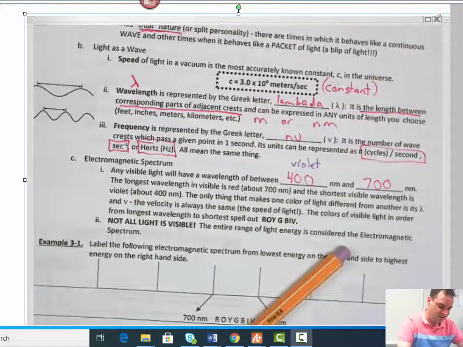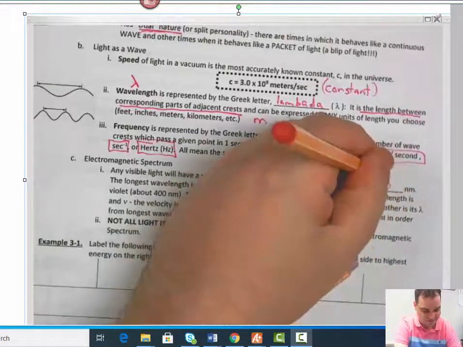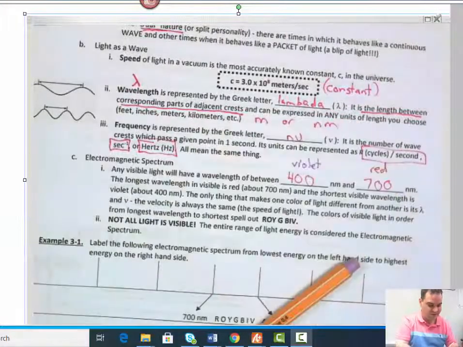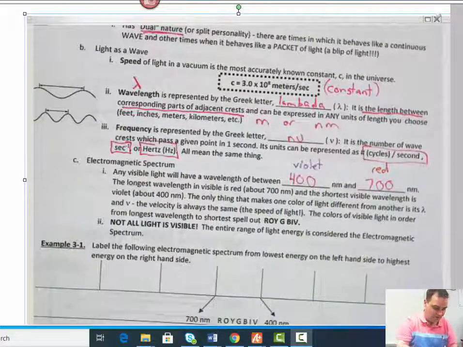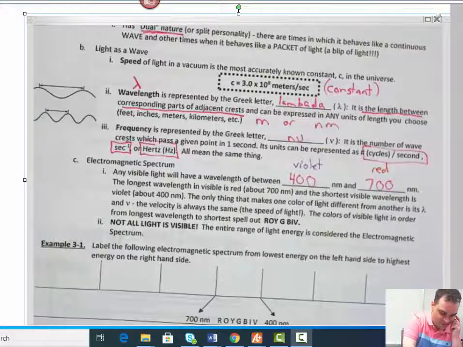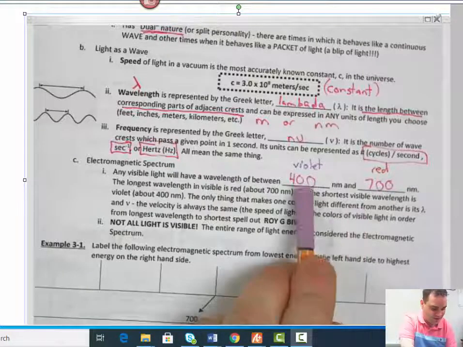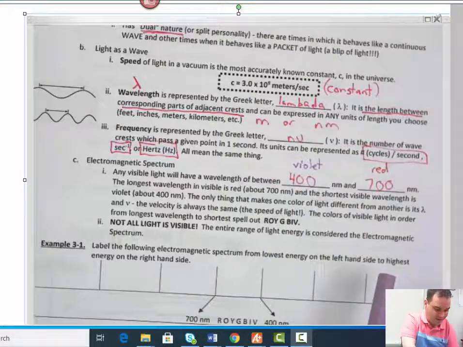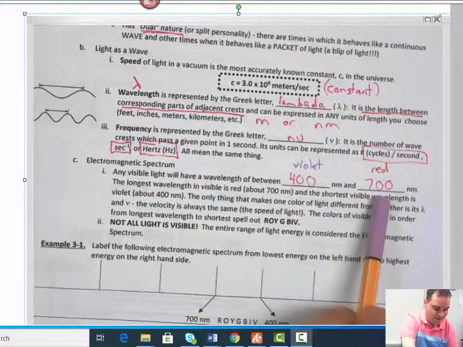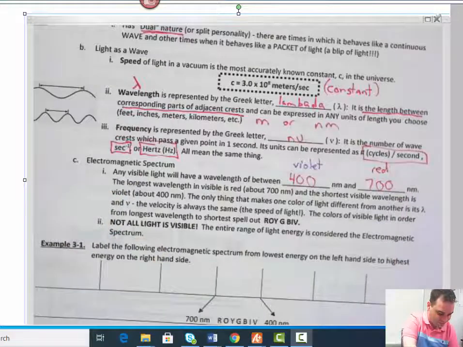The 700 nanometers is near the red side of the spectrum. So the shortest wavelength is violet, which is about 400 nanometers, and the longest wavelength is 700 nanometers, which is about red. The colors of light are in order from Roy G. Biv.